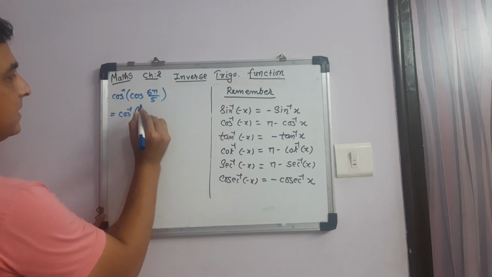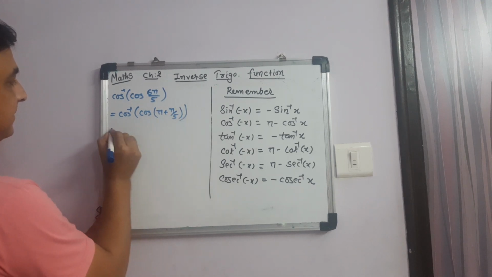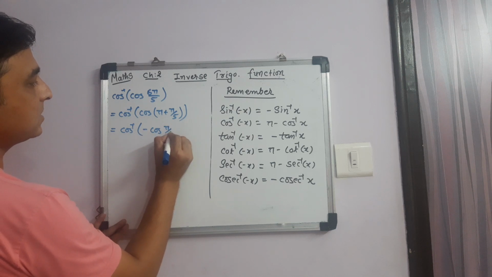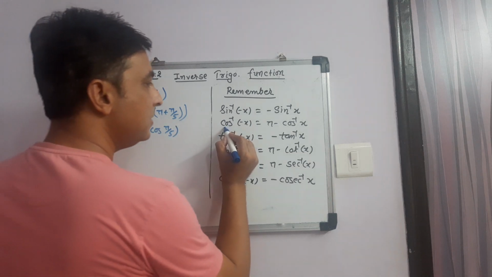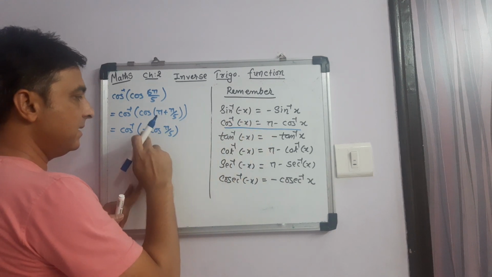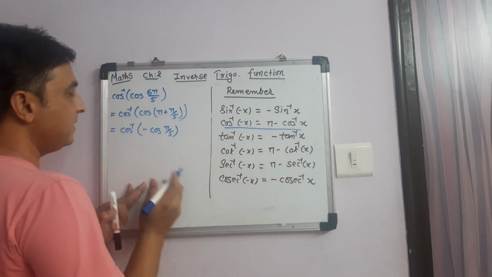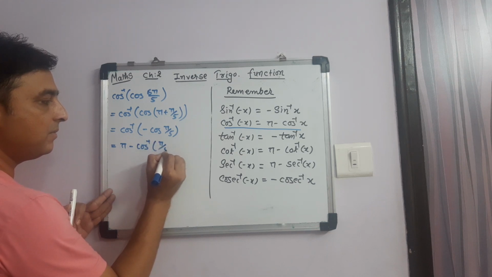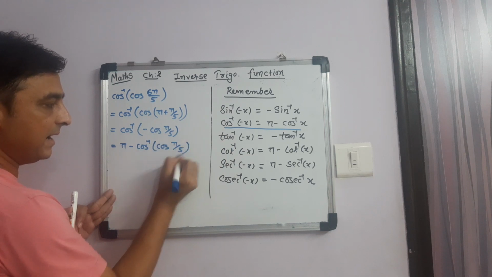So cos inverse cos of pi plus pi by 5 is cos inverse of minus cos pi by 5, since in the third quadrant cos is negative. Now use this formula: if the negative sign is inside the bracket, it goes outside and it will be written as pi minus cos inverse cos pi by 5.